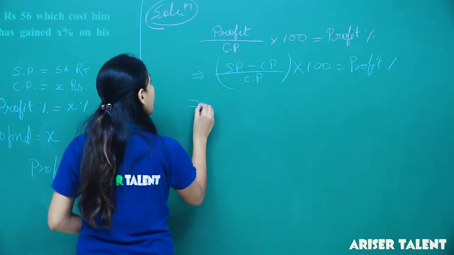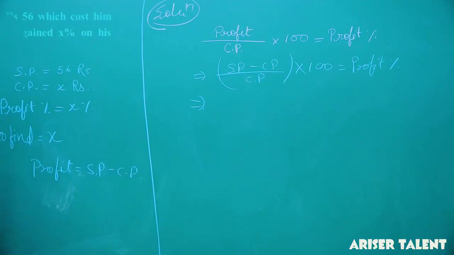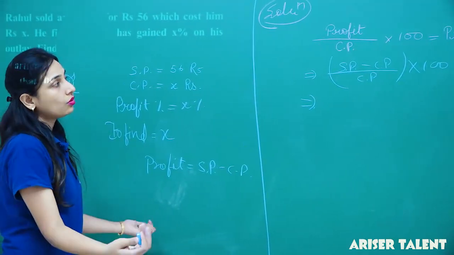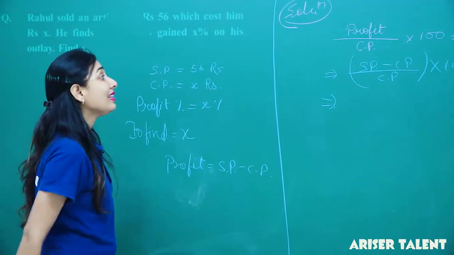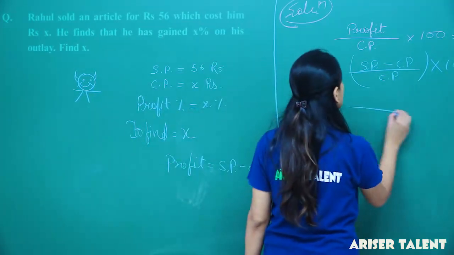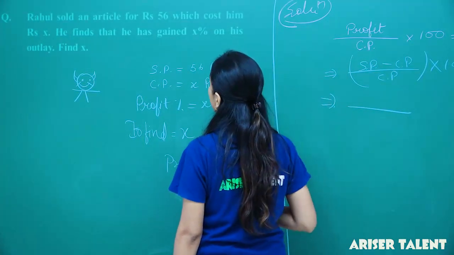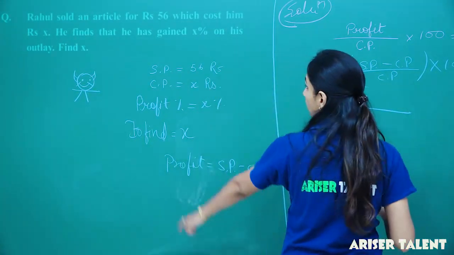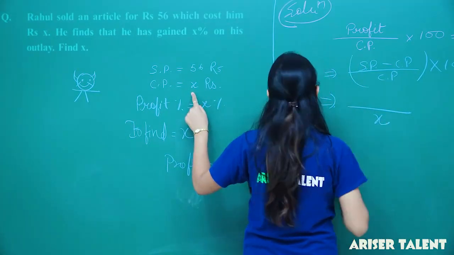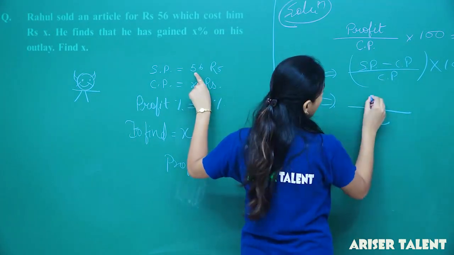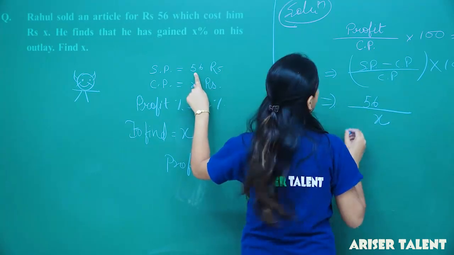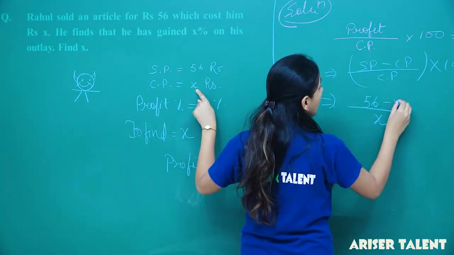Now students, I am provided with the selling price, cost price and the profit percentage. The cost price was X, and the selling price was 56.